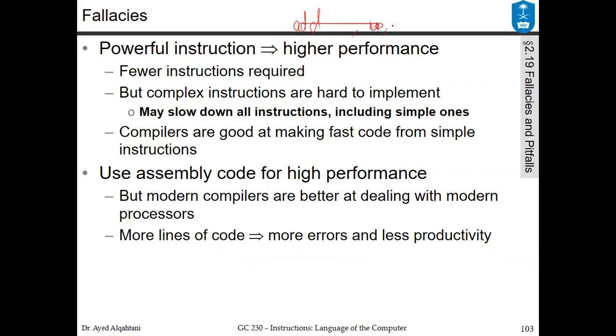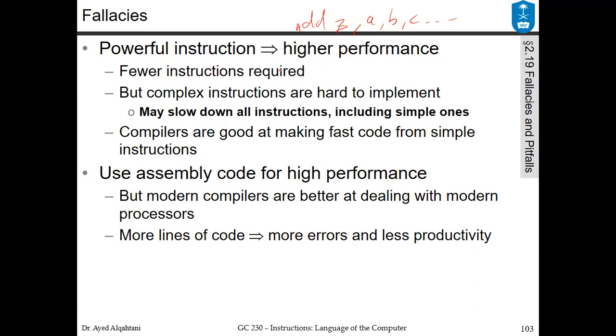So you have add A, B, C, and then you put the result in Z, let's say. So that's a complex instruction. You might think this is a powerful instruction. And you might even think that a powerful instruction would lead to higher performance. No, that's not the case.